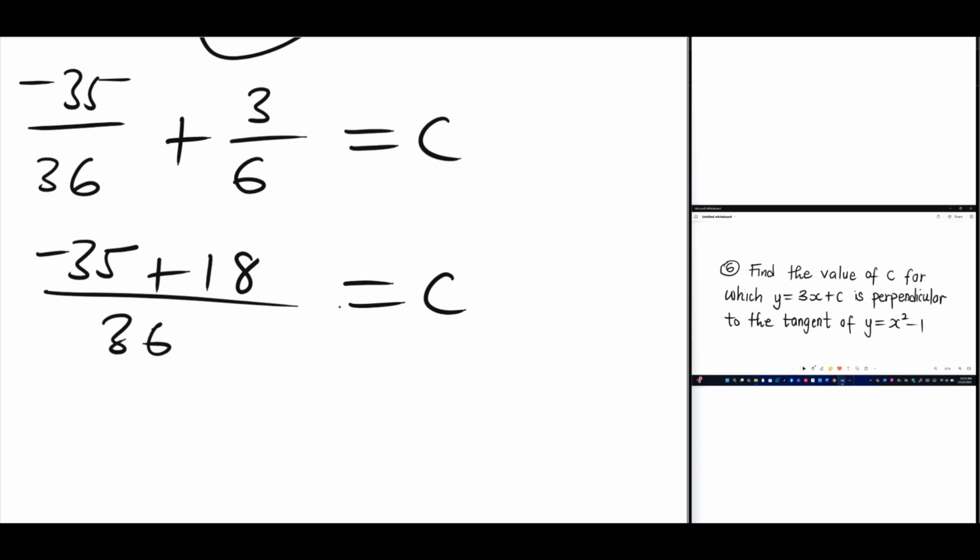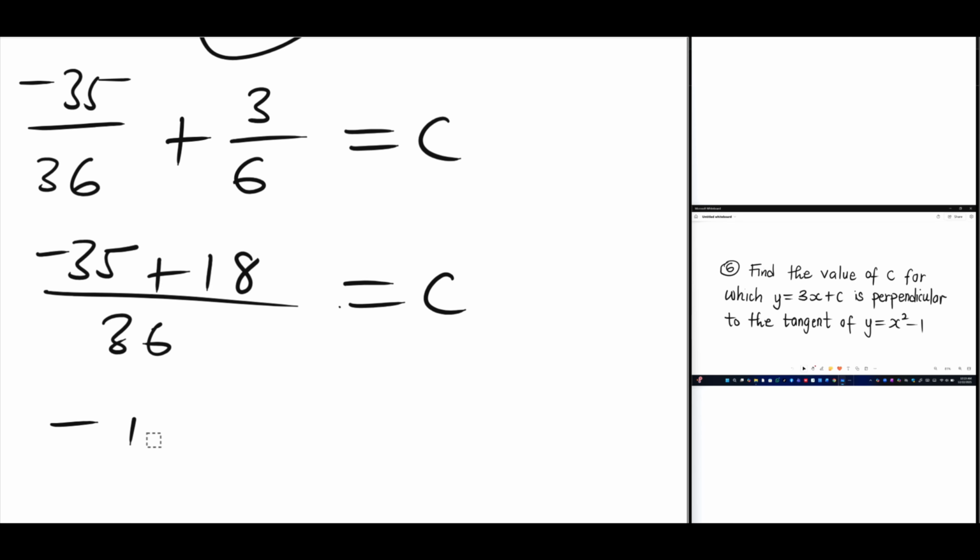So when you add 18 to negative 35, you get a result of negative 17.